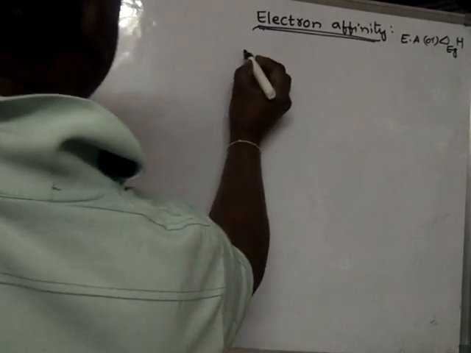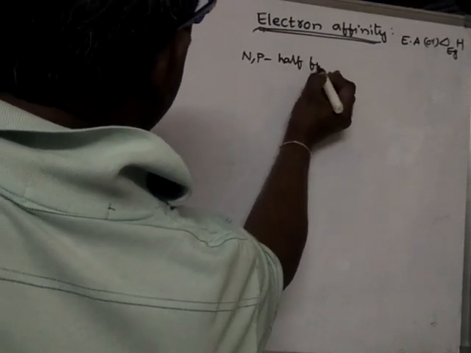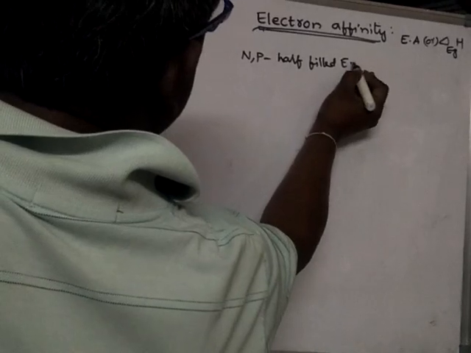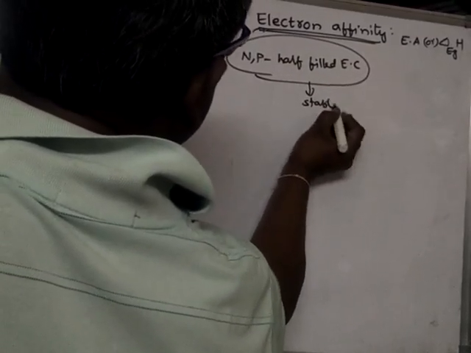In the case of nitrogen and phosphorus, they have half-filled electronic configuration, and this is also a stable electronic configuration.